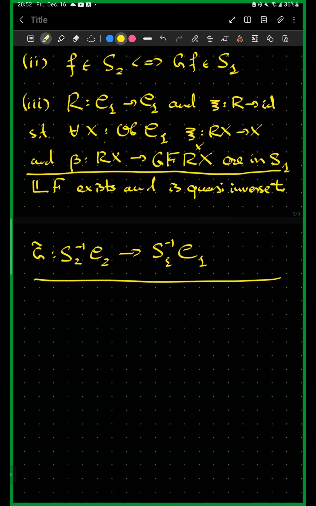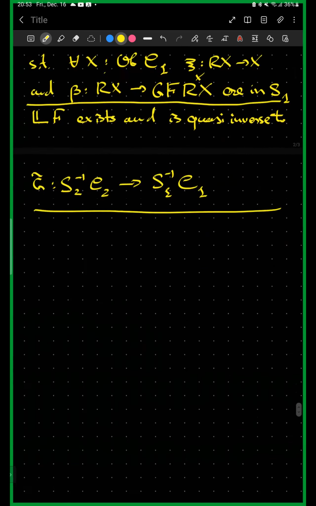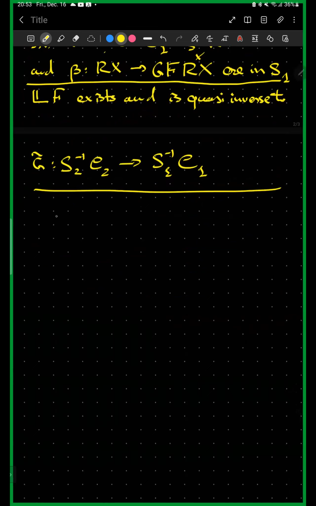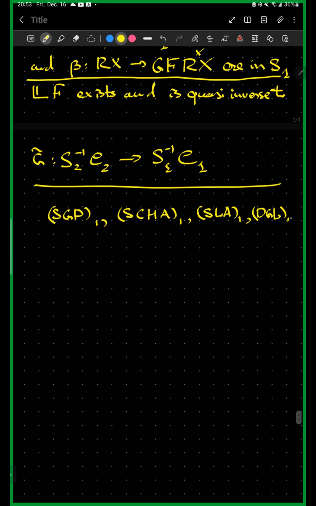And one of the key statements in Quillen's work is that in each of these categories, which I recall are, I guess the more meaningful cases are simplicial groups, simplicial complete Hopf algebras, simplicial Lie algebras, differential graded Lie algebras, and differential graded coalgebras.